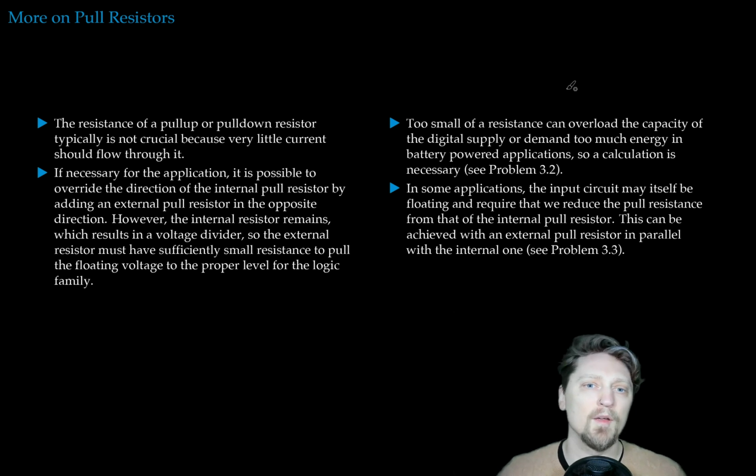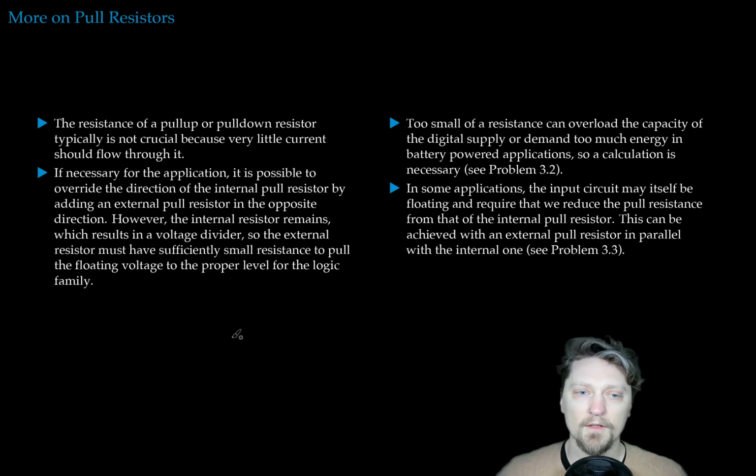A little bit more on pull resistors. The resistance of a pull-up or pull-down resistor typically is not crucial because very little current should flow through it. If necessary for the application, it is possible to override the direction of the internal pull resistor by adding an external pull resistor in the opposite direction. However, the internal resistor remains, which results in a voltage divider circuit.